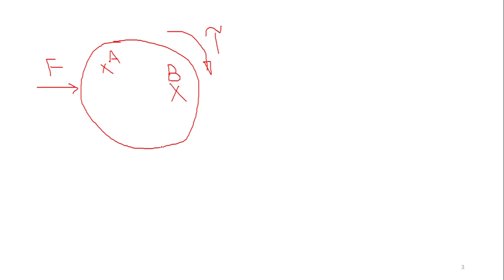So the definition of rigid body goes this way: whatever the magnitude of F or direction of F, and whatever the magnitude or direction of torque that we apply, the distance between A and B remains the same throughout its motion. That is what we mean by a rigid body.